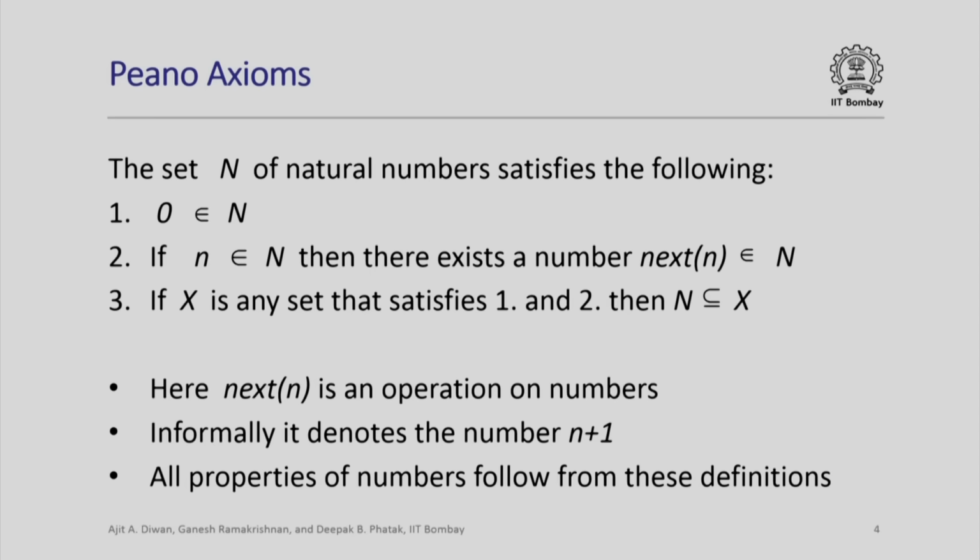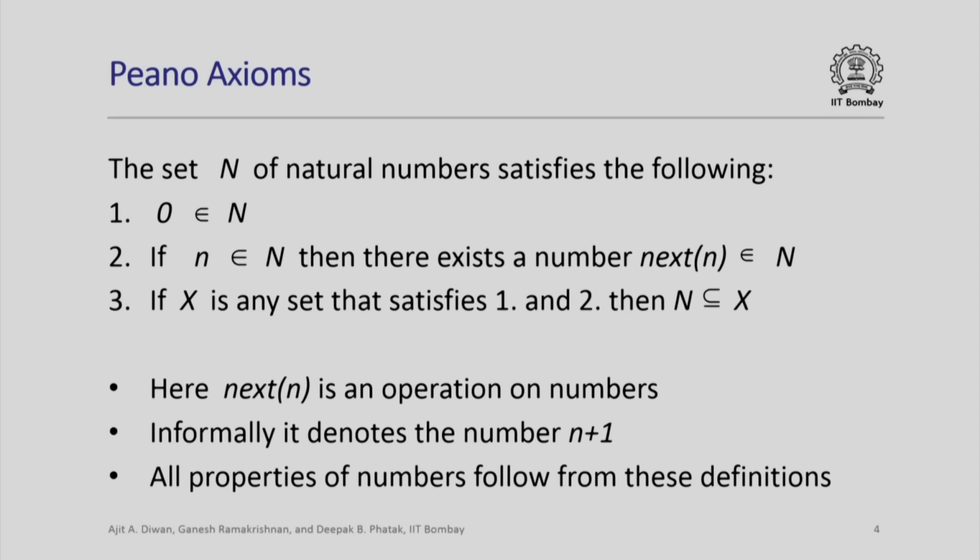And the third property is the crucial one, which says that if any set satisfies the first two properties, that is, it contains the element 0, and for every element n it also contains next of n, then this set includes all natural numbers. So we will look at it in more detail soon, but here next of n is an operation on numbers that we assume exists, that is part of our assumption.